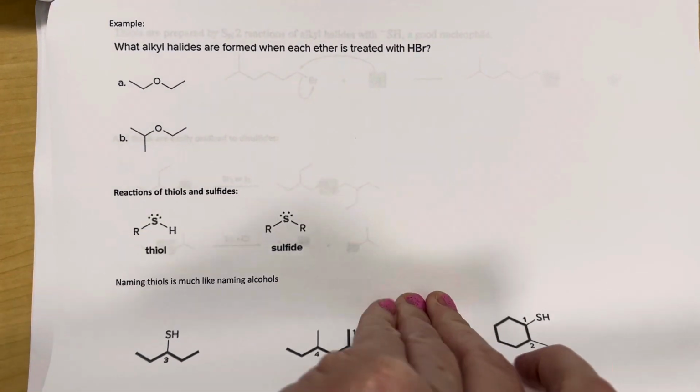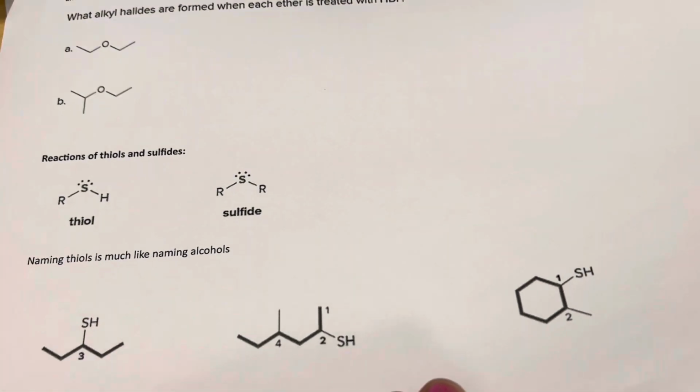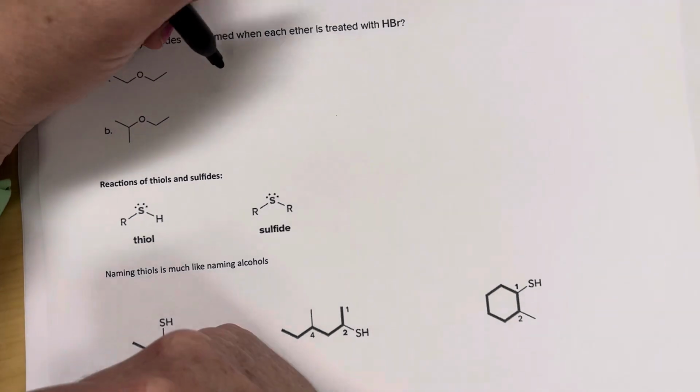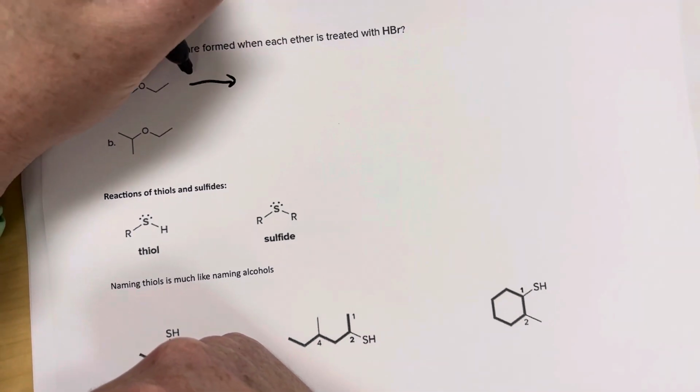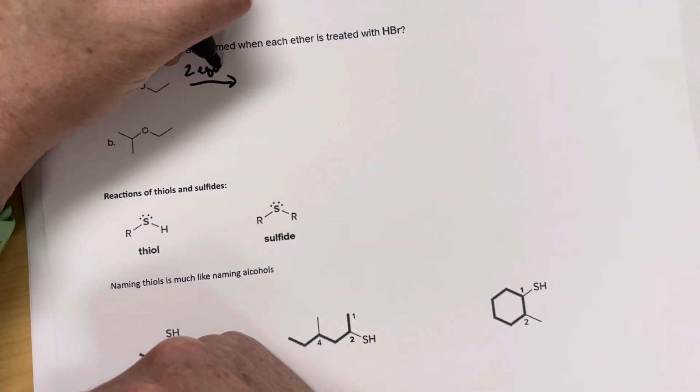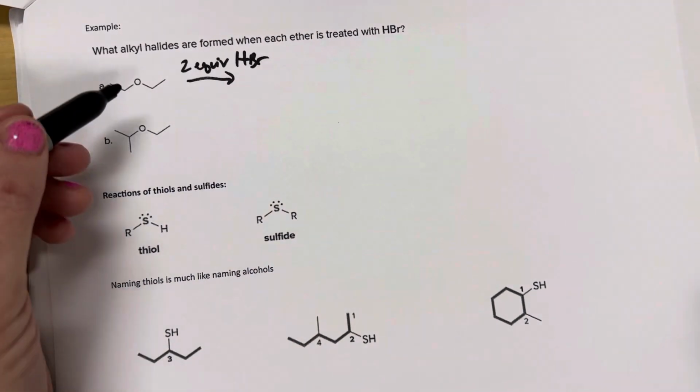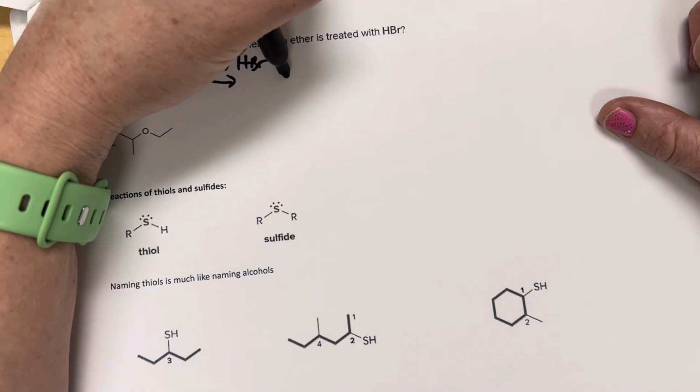So let's do it. For example, if you were to treat, in question A, this thing with 2 equivalents of HBr, you would get this first product.